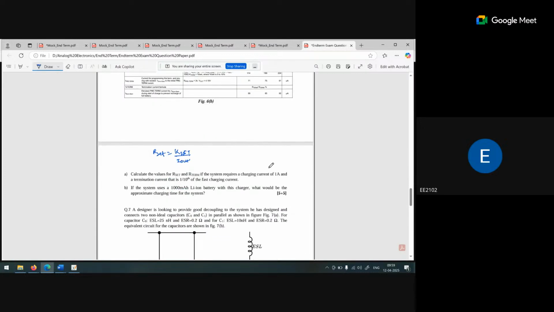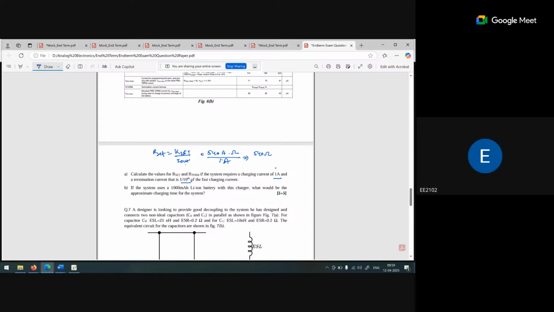That is 540, in ampere ohm. And what is the I out? 1 ampere. No, no, no. The termination current, that is 1 by 10. Okay, sir. So it is 540.